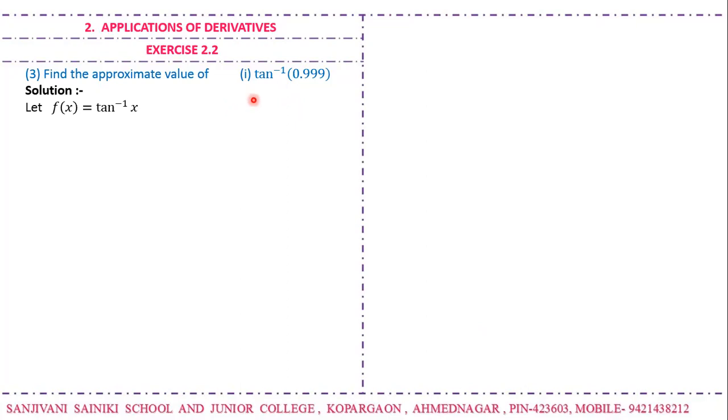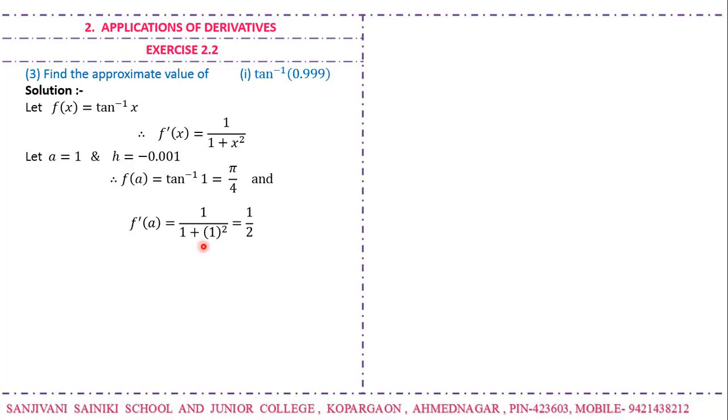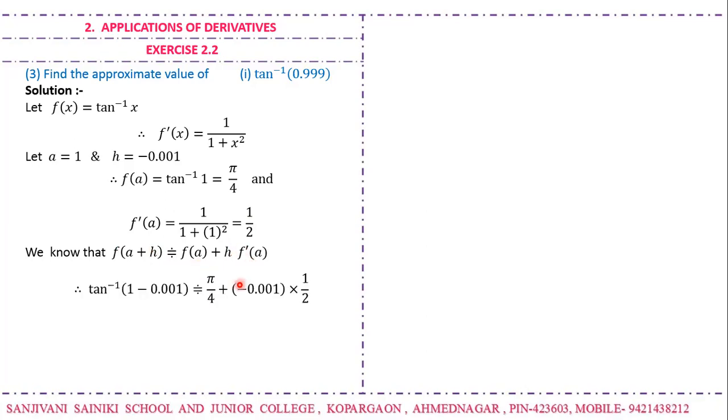Just now we have found the value of cot inverse of 0.999. So again on the same line, here the function is tan inverse of x and its derivative is 1 upon 1 plus x square. So put a is equal to 1 and h is equal to minus 0.001. So f dash at a is equal to 1 upon 1 plus 1 square, which is 1 upon 2. So we know that f of a plus h is approximately equal to f of a plus h f dash at a.